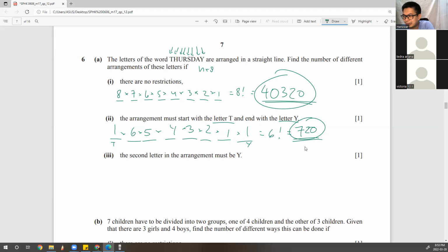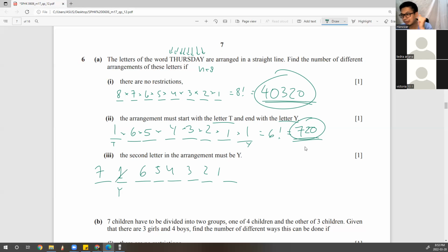The second letter in the arrangement must be Y. Okay, 1, 2, 3, 4, 5, 6, 7, 8. This is always Y. Wait, I put the Y on the wrong position. So this is Y. So only 1, right? So we have 7 more. So 7, and the rest will be 6, 5, 4, 3, 2, 1.